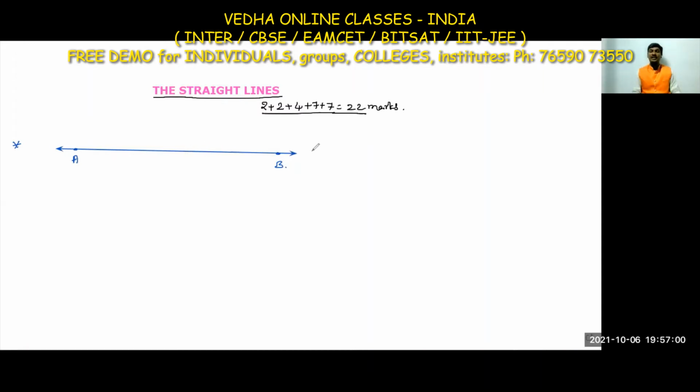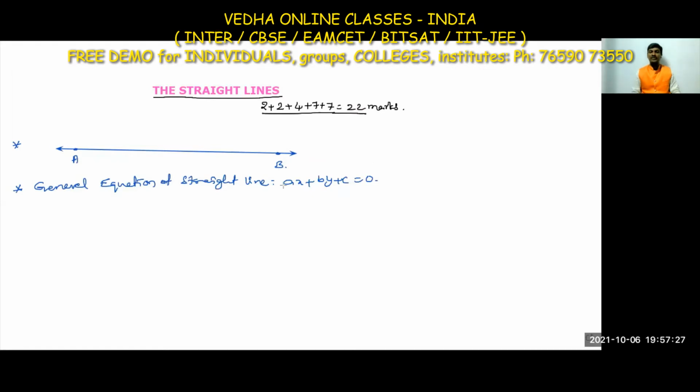What is the general equation of the straight line? What is the formula? ax plus by plus c equals 0 is the general equation of the straight line.